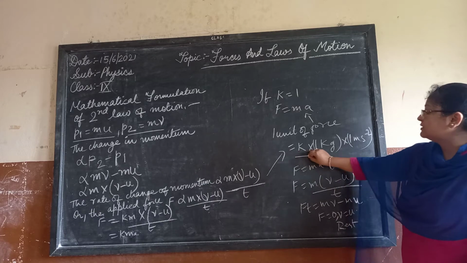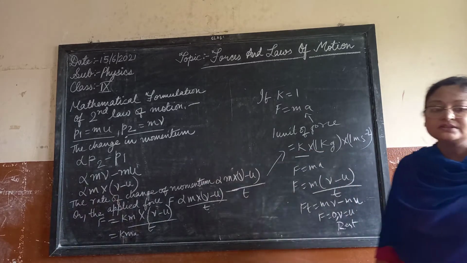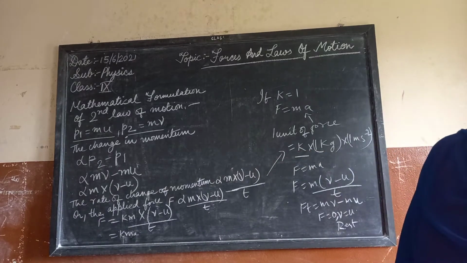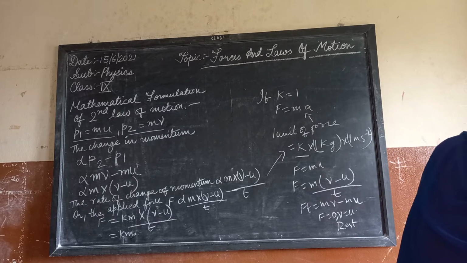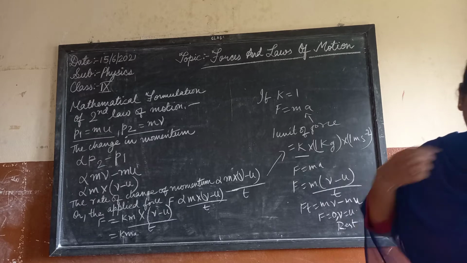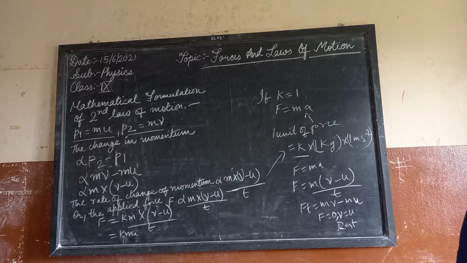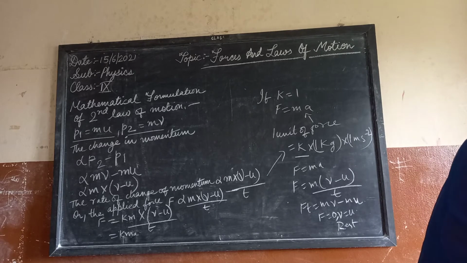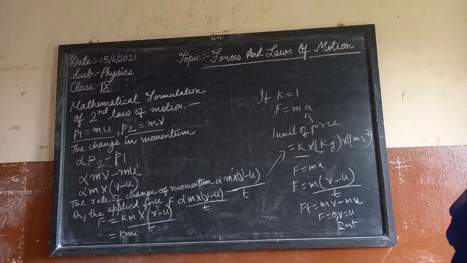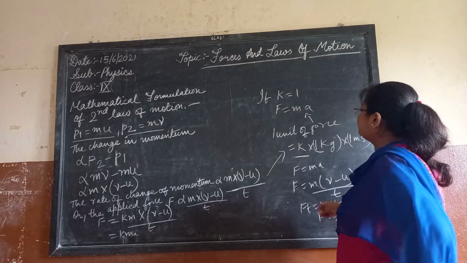This k is called the proportionality constant, or constant of proportionality, and the SI unit of force is kg meter per second square, where kg is the SI unit of mass.